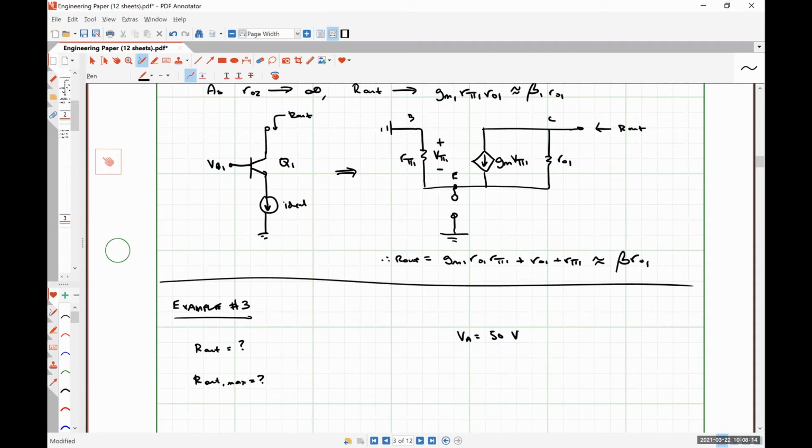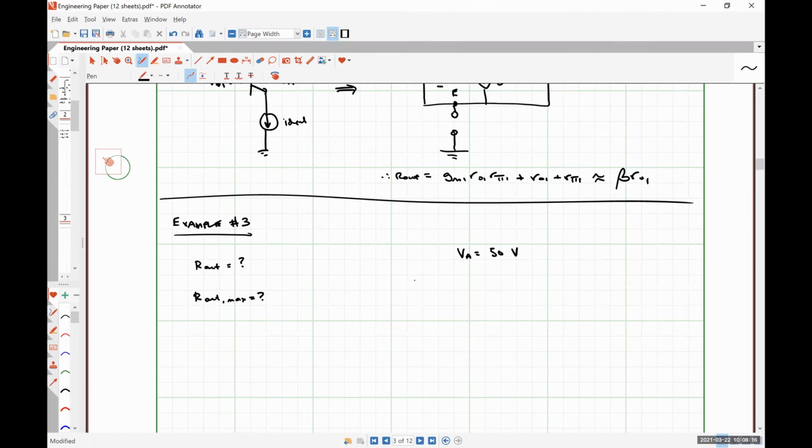So we know that for VA equal to 5 volts, our R out was equal to 328.9 kilo ohms.